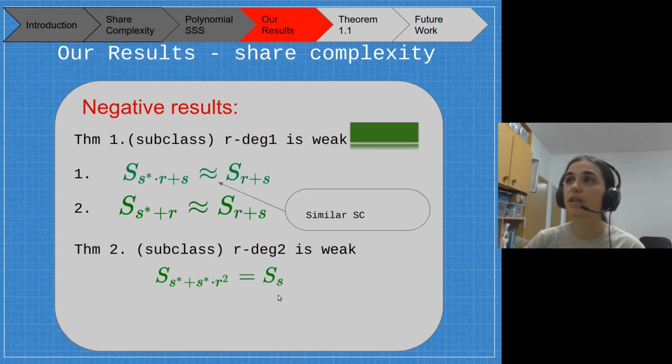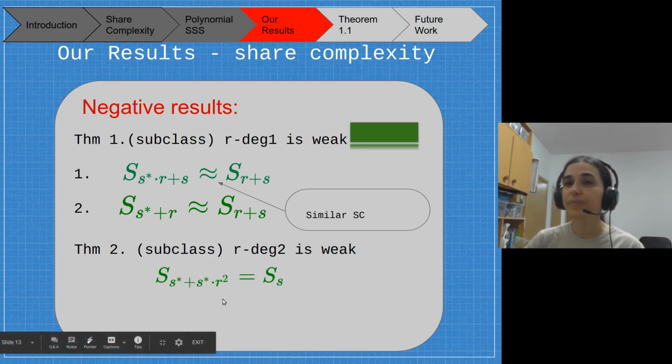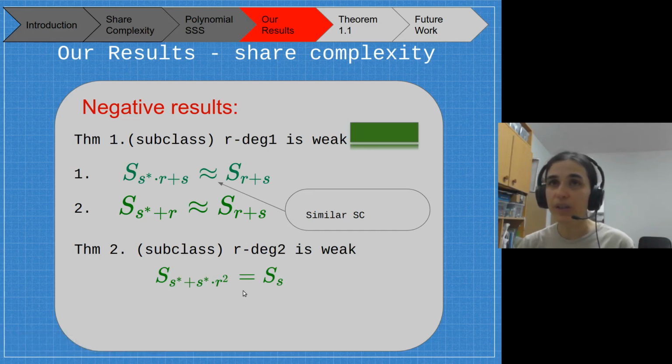So the min terms are singletons in these schemes. This result is maybe not very surprising, but it's non-trivial, and it relies on some understanding of the structure of quadratic forms. Okay, so these are our negative results.